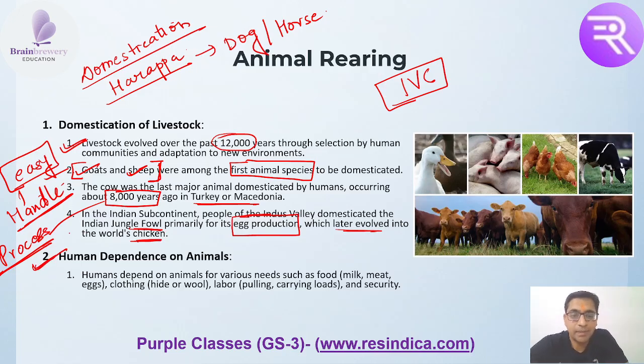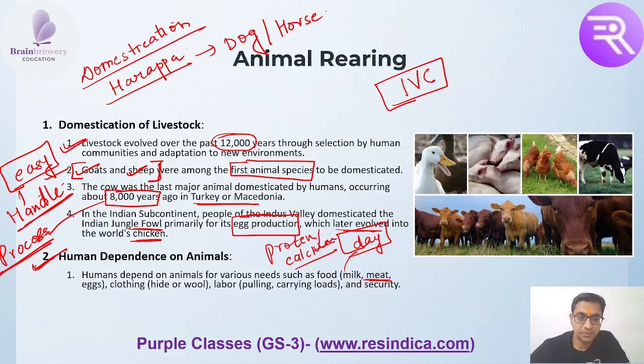Then human dependency on animals. The human dependency on animals is very profound, because humans are dependent on animals for a variety of products. That means half of their products are derived from animals only. Like milk, a day-to-day source of protein and calcium.